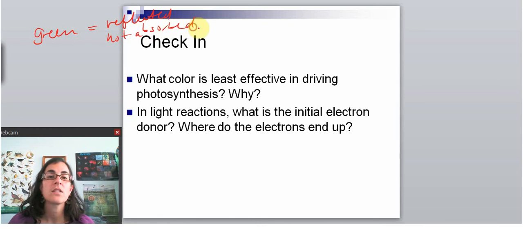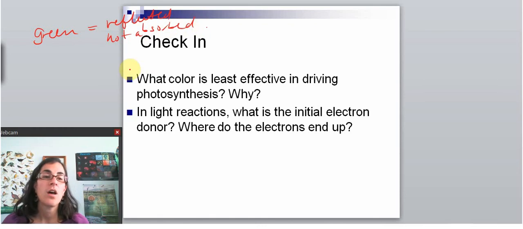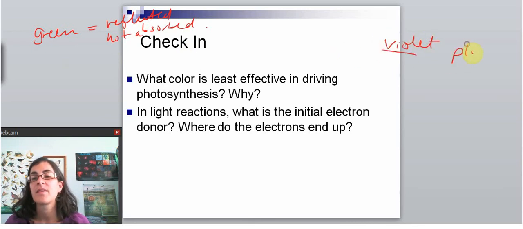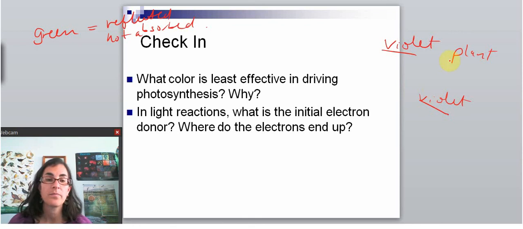So green is the worst color for photosynthesis, at least in plants that are green. So what if a plant was violet? Would green be the least effective color for photosynthesis? Hopefully you realize that no, it would not be. In fact, violet would be the worst color because, again, that's the reflected color, the color that's not absorbed.